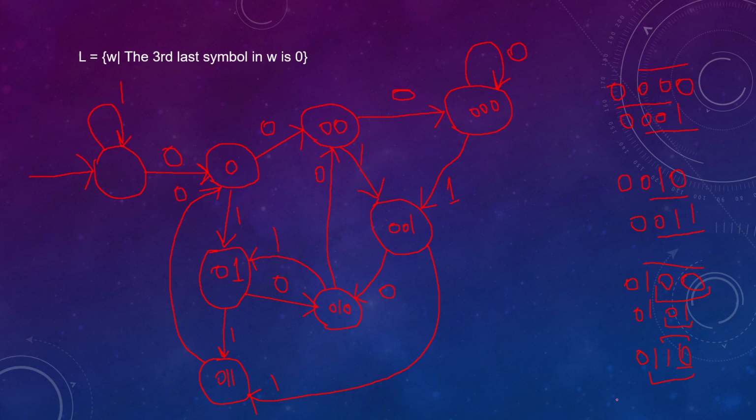But what will happen if we get a 1? So let's see, we previously had 011, and now we are having one more 1. So the last three symbols become 111, but there is no state representing 111. There is no state representing 11 either, and again there is no state that represents 1.